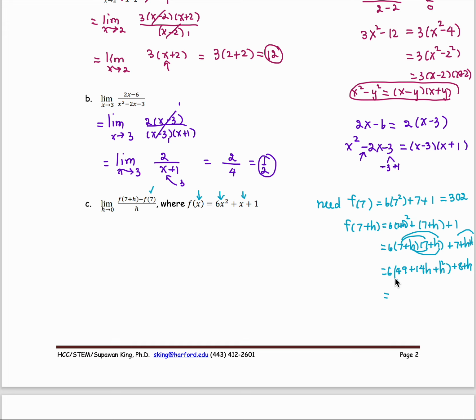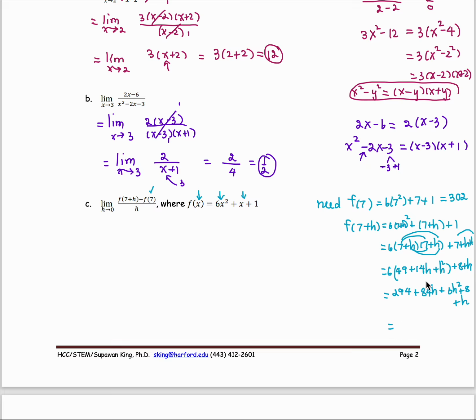So 6 times 49, that is 294, added by 14 times 6, that turns out to be 84h, added by 6 times h squared, and then plus 8 plus h.